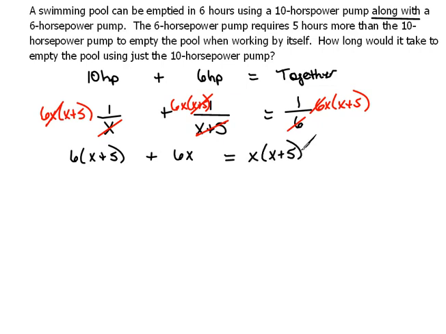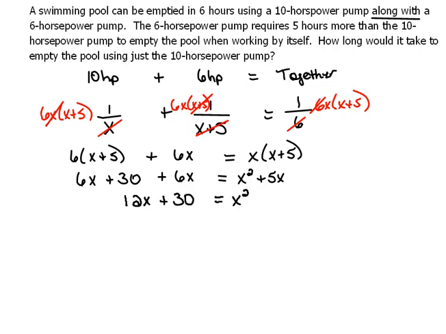Now let's distribute before we collect our like terms. So we'll have 6x plus 30 plus 6x equals x squared plus 5x. And now collecting like terms, 12x plus 30 equals x squared plus 5x.